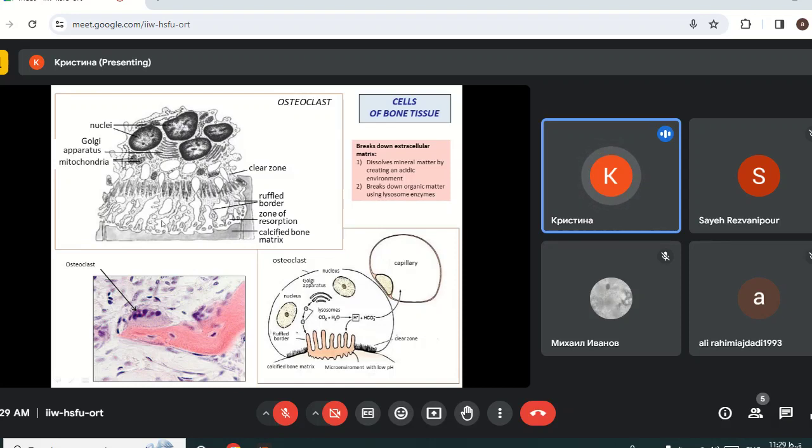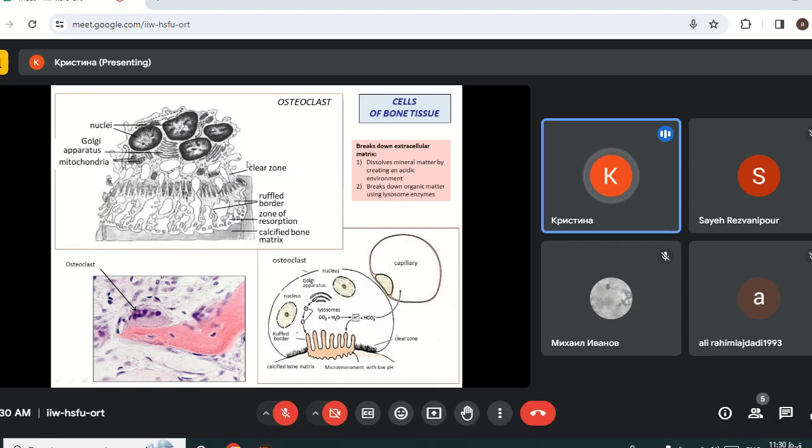How is this zone of resorption formed? It is connected to the function of the osteoclast to break down the extracellular matrix. How does it break the extracellular matrix? First, it dissolves mineral matter. It means that it first dissolves calcium crystals, and from chemistry you know that calcium crystals are not dissolved in water, but they can dissolve in an acidic environment, in acids.